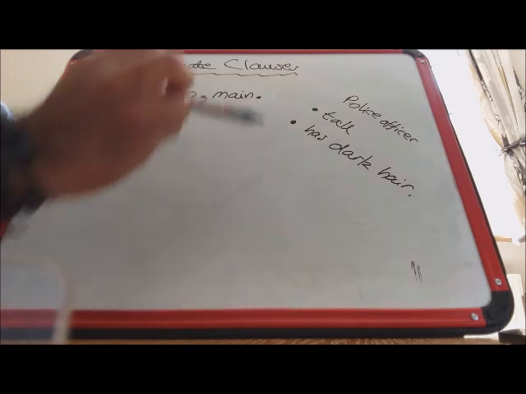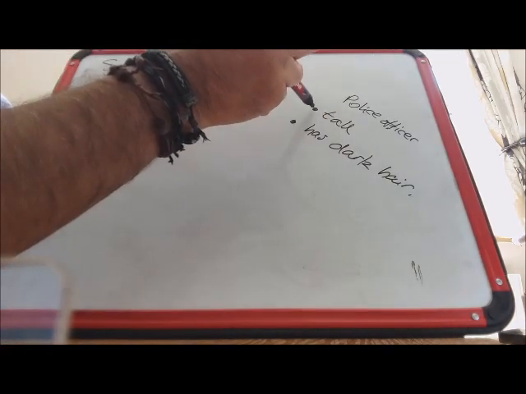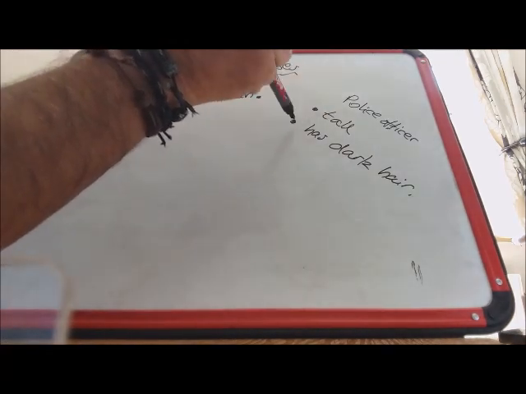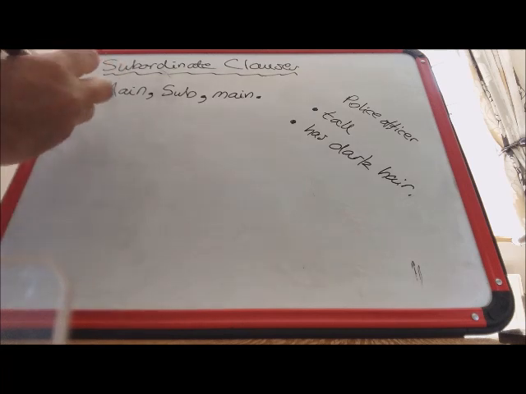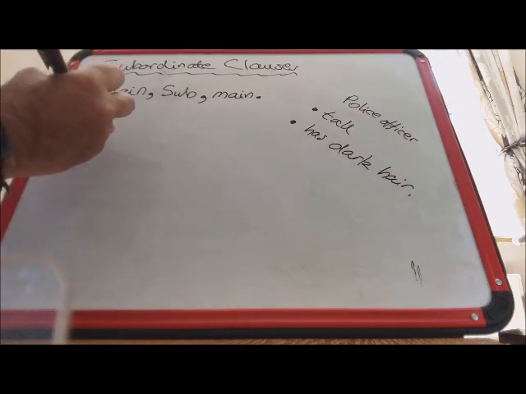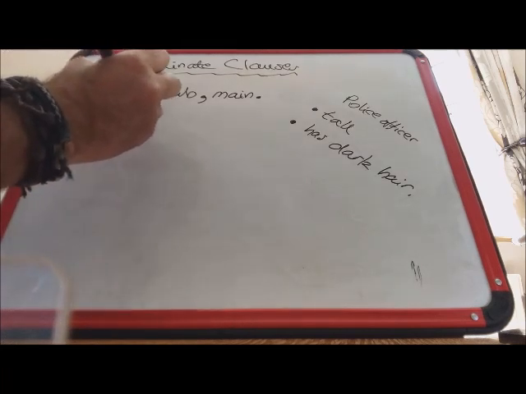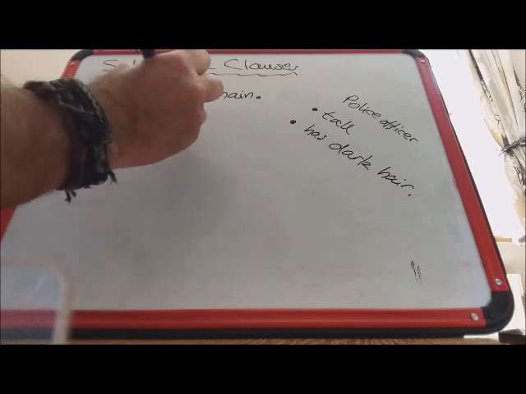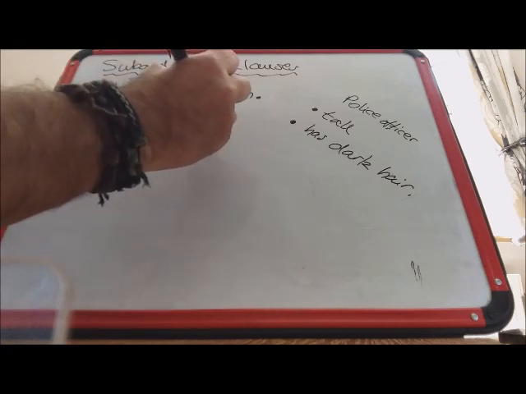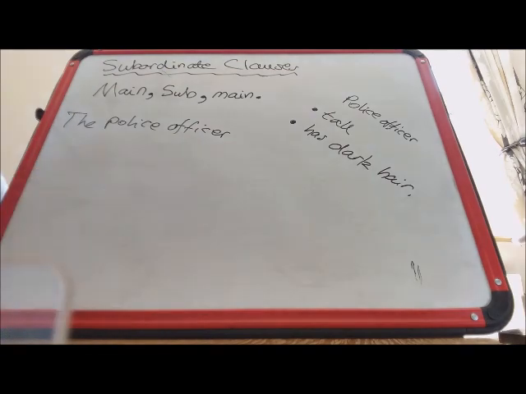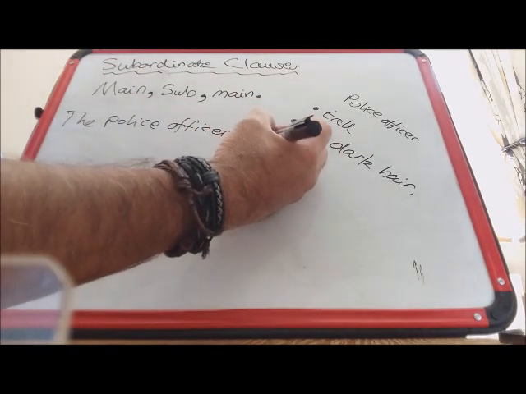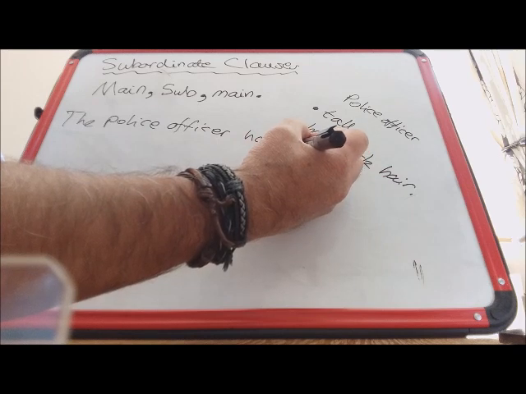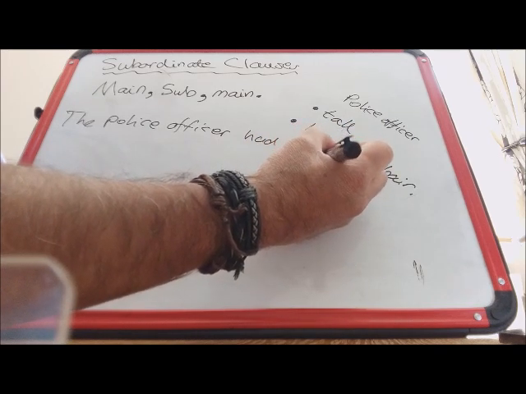So, one of these is going to be the main clause, and the other one is going to be the subordinate clause, or the drop-in clause, or the embedded clause. So, start off. The police officer. Okay, then the police officer had dark hair.